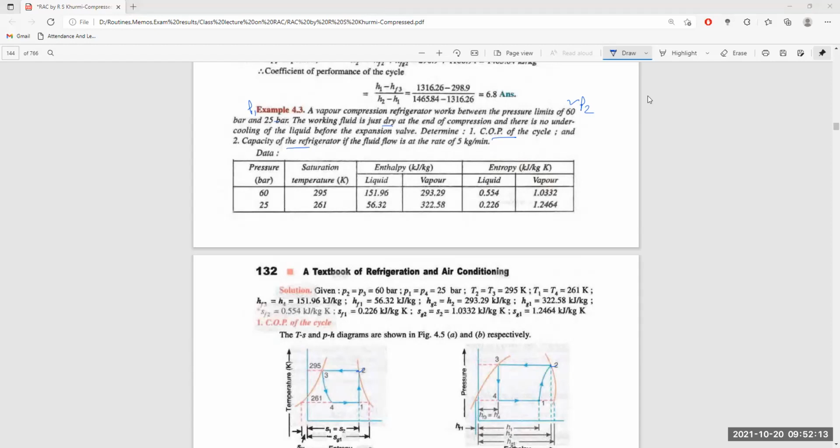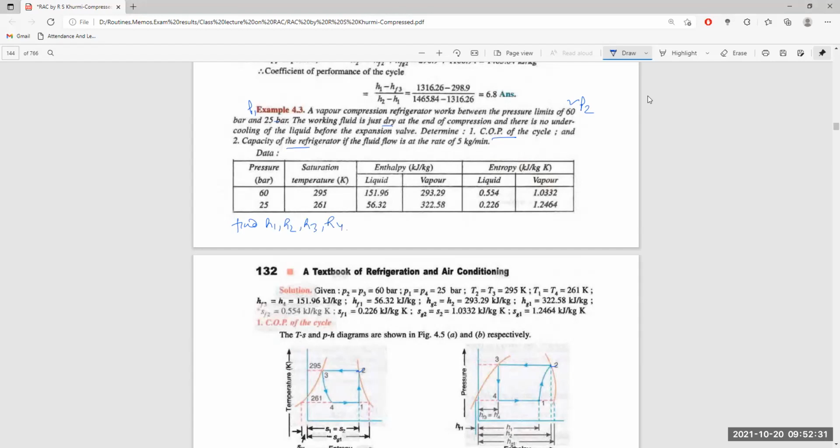Now, like our previous problem, we have to find out H1, H2, H3, H4. Here also we have to find H1, H2, H3, H4.